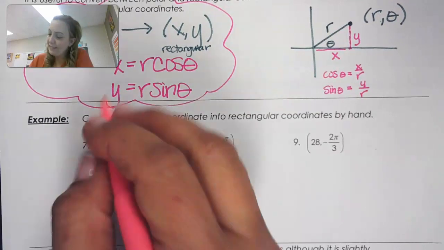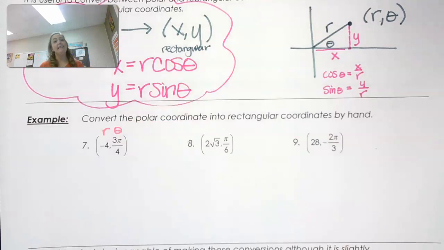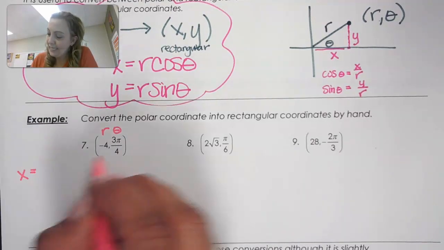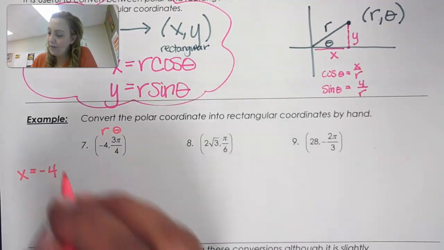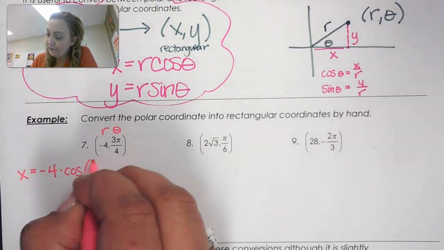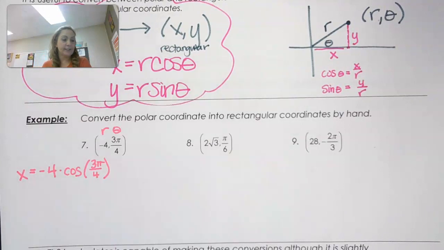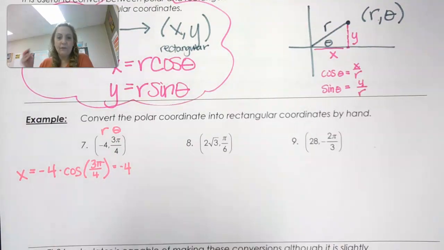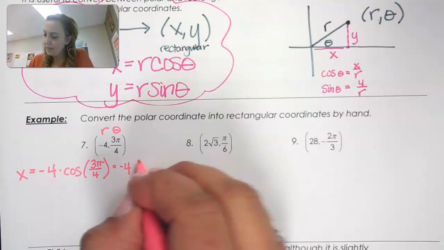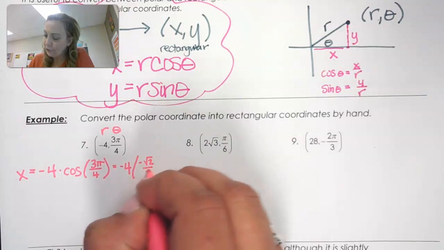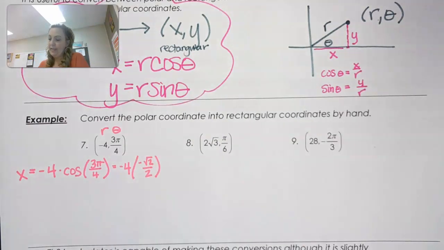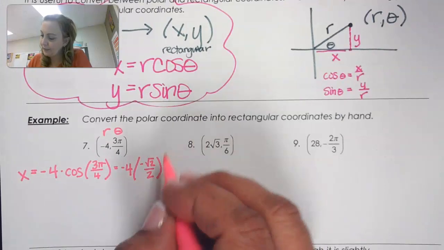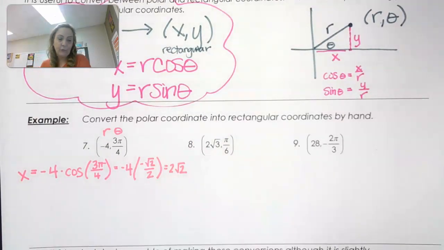Okay, so this asks us to convert the polar coordinate into rectangular coordinates by hand. Remember that this is r and this is θ. If I wanted to find x, I'm going to take r, which is -4, times the cosine of θ, which is 3π/4. I know that the cosine of 3π/4, that's in quadrant 2, is going to be -√2/2. So the two negatives will become a positive. The 4 and the 2 will cancel, and so I end up with 2√2.